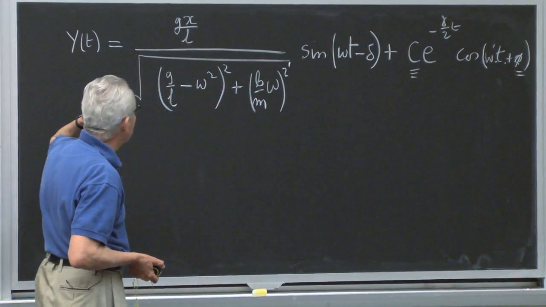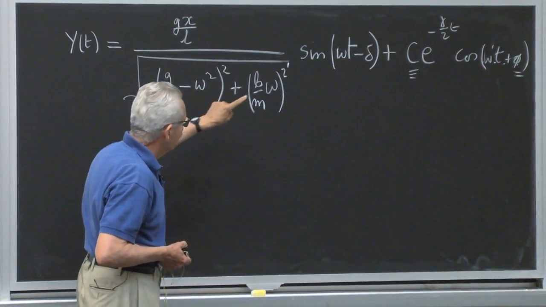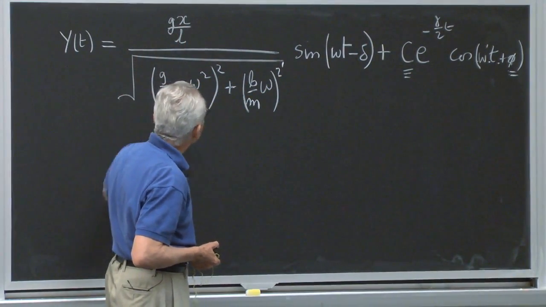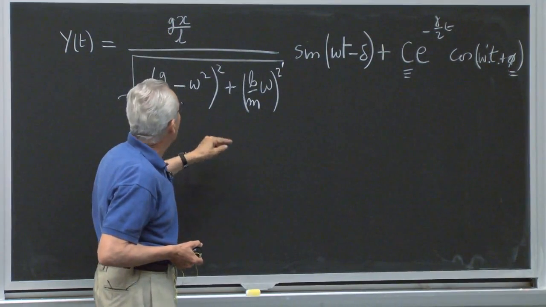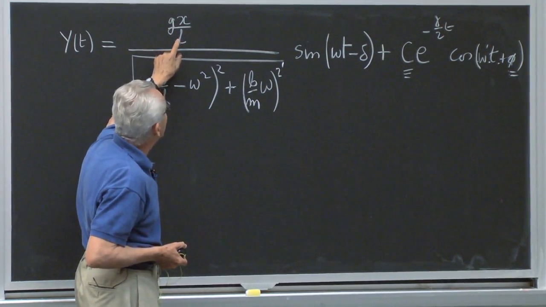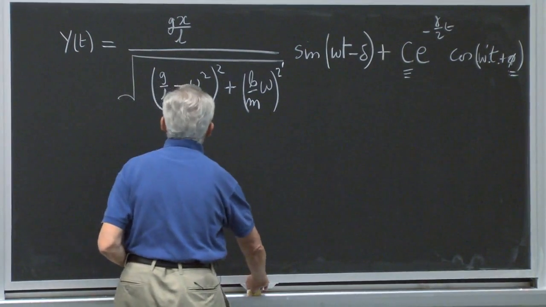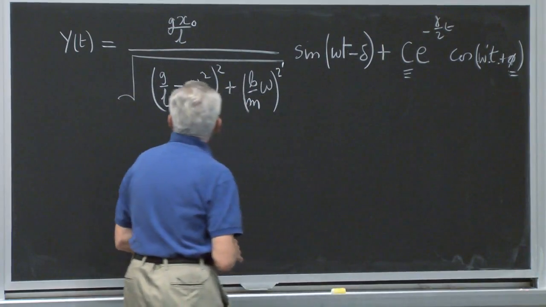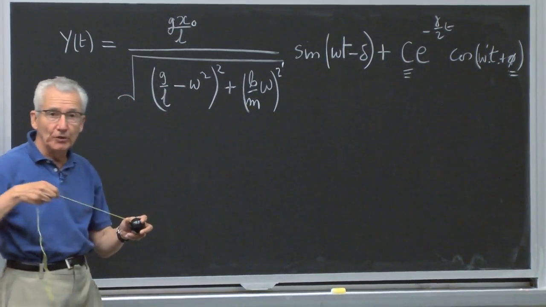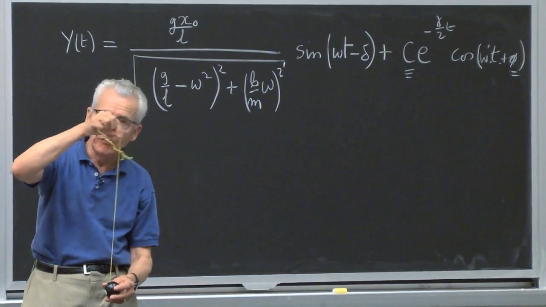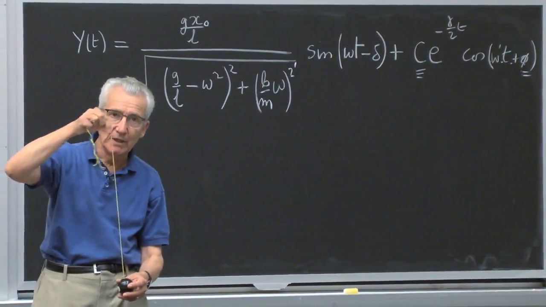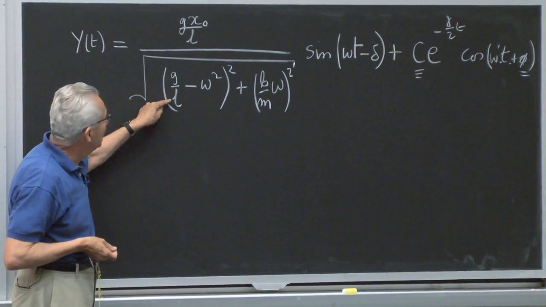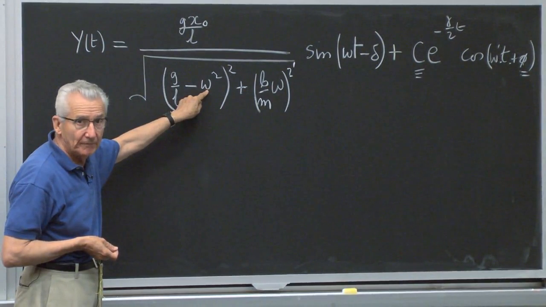What I see here is that the amplitude of the oscillations not only depends on the amplitude, and again, this is x0, the known quantity here, of how far my hand is moving, but it depends critically on the difference between g over L and omega squared.